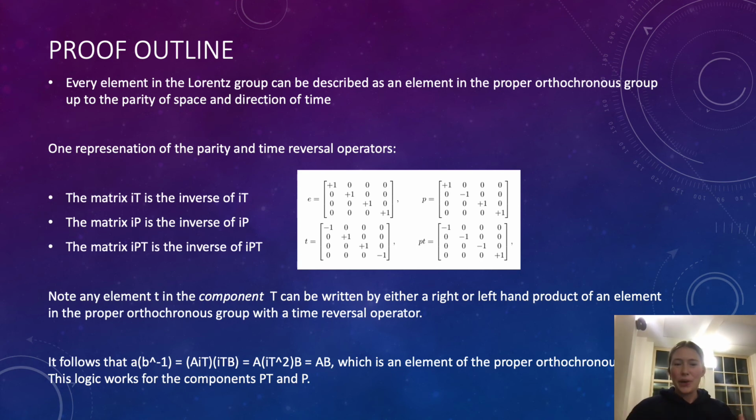Then we notice that we can use associativity and show that that is equal to AB, which is then again an element of the proper orthochronous group because they're both elements of the group and the subgroup is closed under the group operation. And this logic also works for the components PT, which is the reversal of both time and the parity of space, and also P, which is just parity reversal.